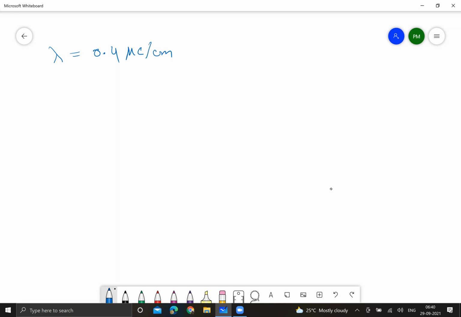Calculate the potential difference between the two points A and B.